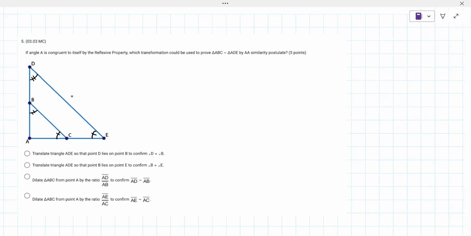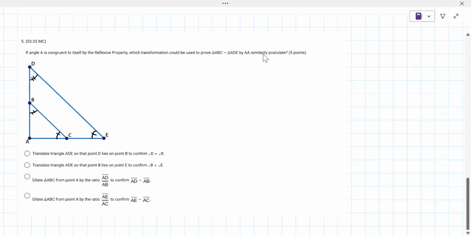So if you're dilating triangle ABC, it's got to get bigger. So translate triangle AD so that D lies on point B. No. Prove.